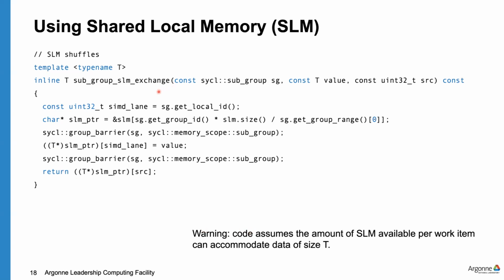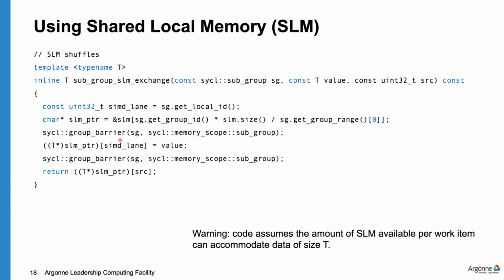And here's a very simple implementation of that. Initially, when we are about to launch the kernel, the code reserves some amount of SLM data. Then the exchange happens in such a way that each work item writes what it wants to exchange into SLM.